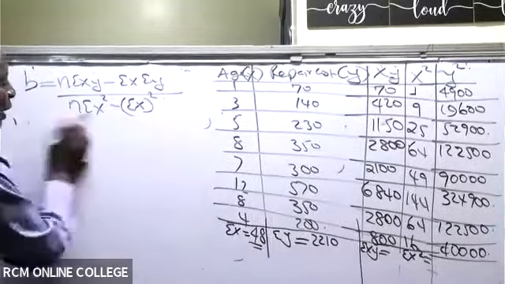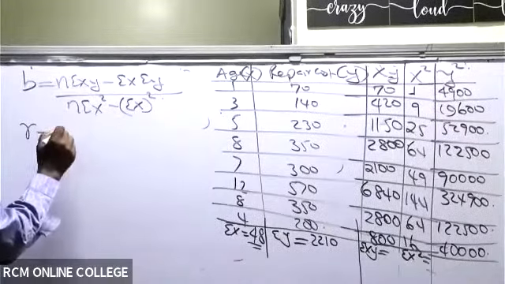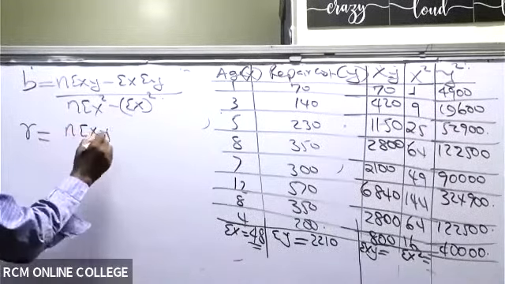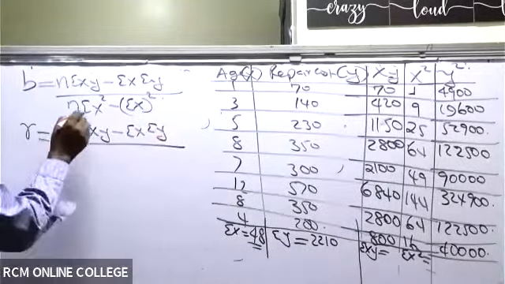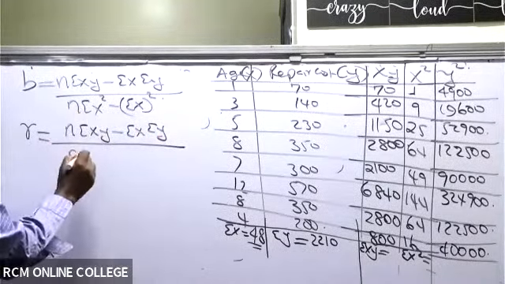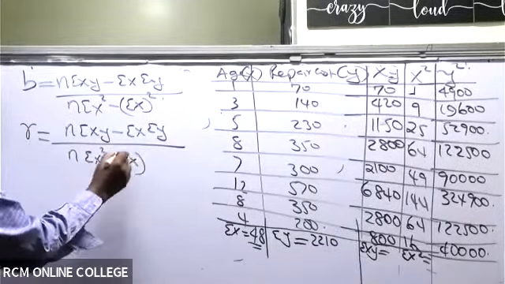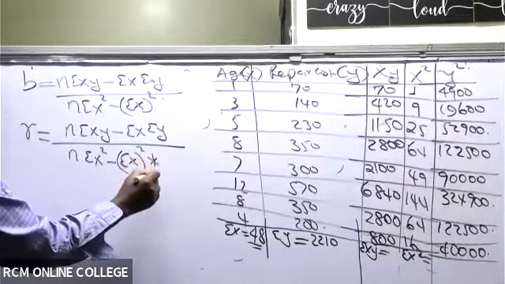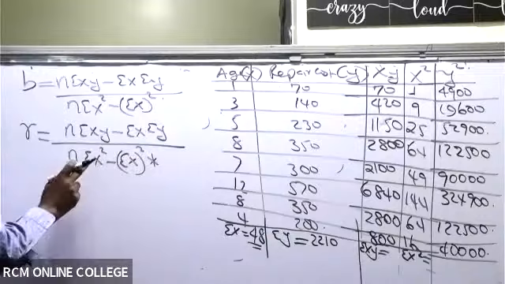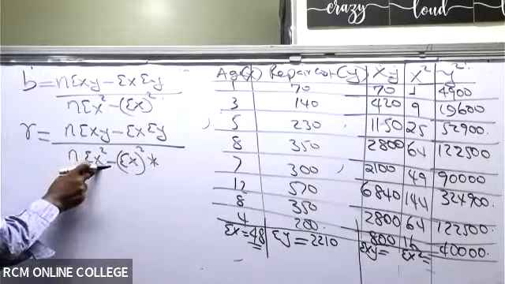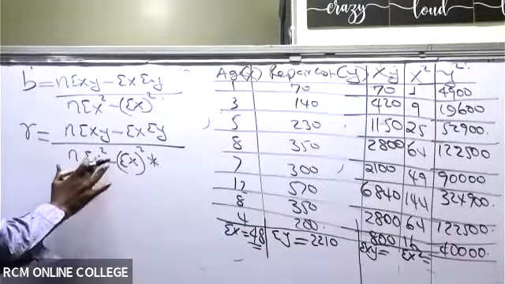To get our R, this is normally what we do. The numerators will be the same: n times the summation of xy minus the summation of x times the summation of y, all over this: n times the summation of x squared minus the square of the summation of x, times the same style, but now we replace with y, because you are correlating two variables.